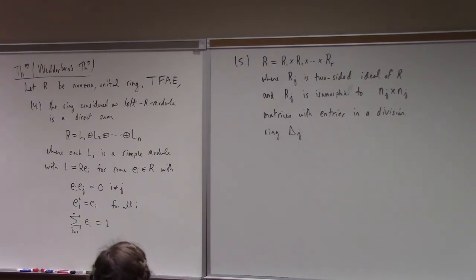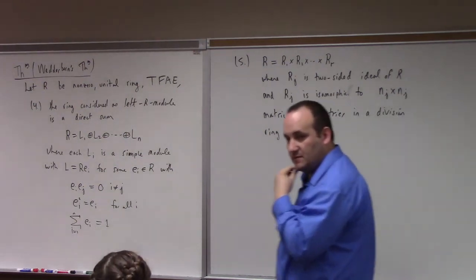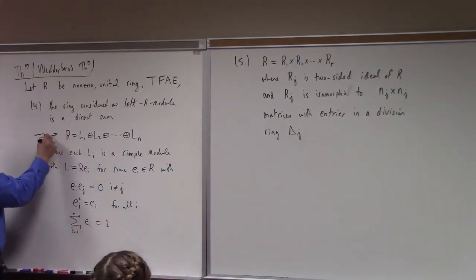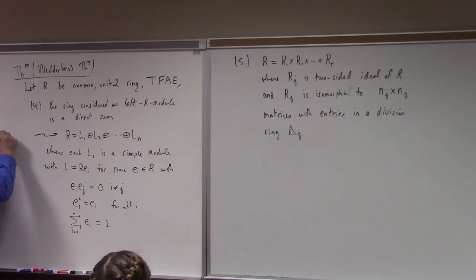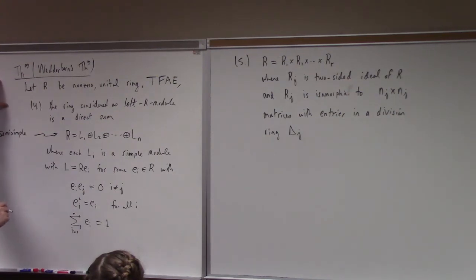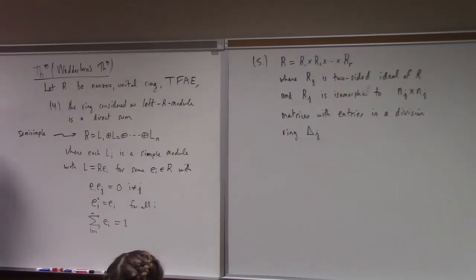When something is not simple, but it can be written as a direct sum of simple things, I think I usually call such a thing semi-simple. So I think this is semi-simple. Now, this is not saying that every ring looks like this, right? It's saying that the following are equivalent. So this is basically telling you what semi-simple rings look like, right? Now, what's a division ring?